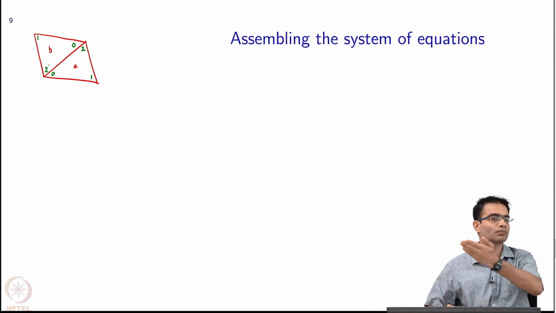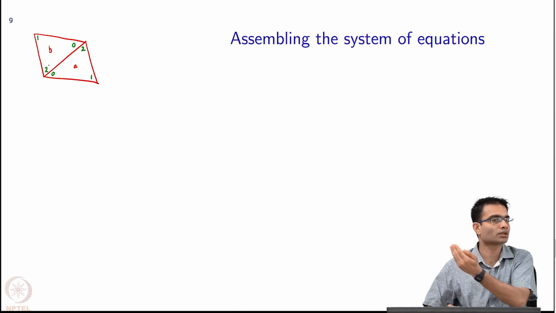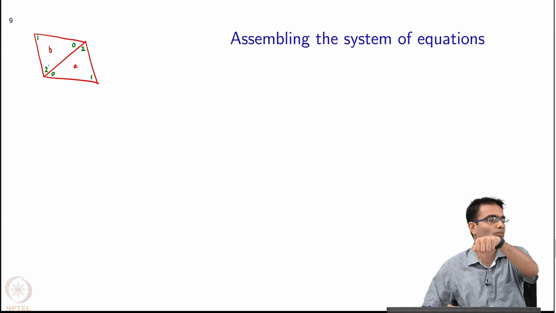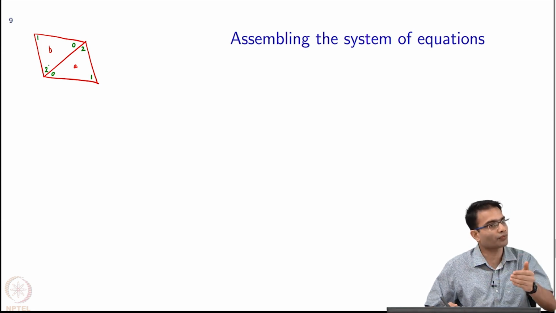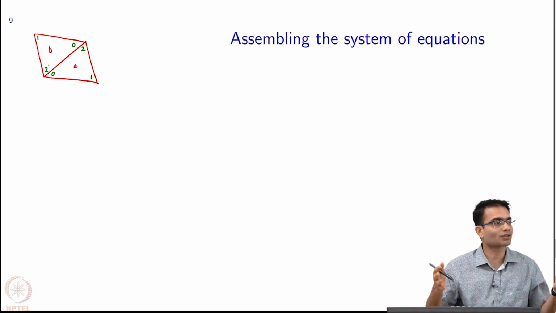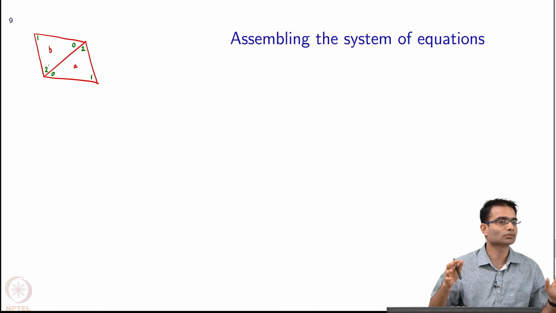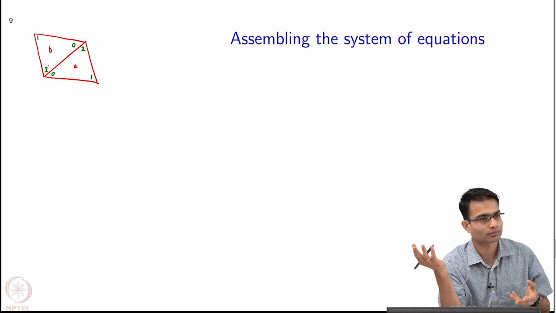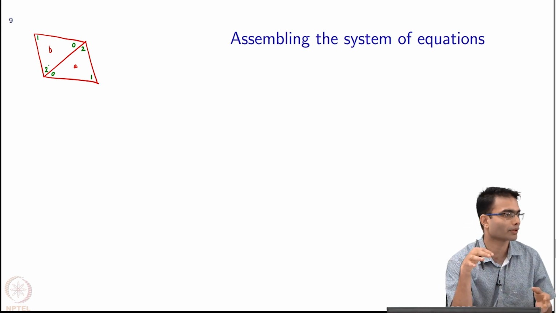So, it will list the 3 nodes in some order. So, you will choose the first one to be 0, second one to be 1, third one to be 2. Okay. So, this is coming to you from the mesh, from the CAD software which you will use to mesh the domain. Okay. So, it's sort of given to you, but there is nothing very sacred about it, right. You could remap it if you really wanted to.